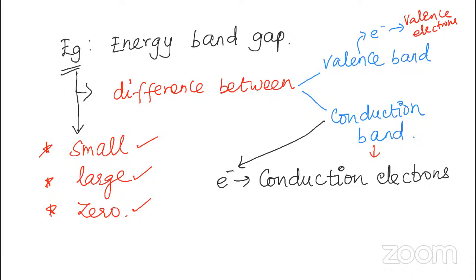Suppose these two bands overlap, that is, the two bands should be combined. What will happen when the two bands, valence band and conduction band, overlap?